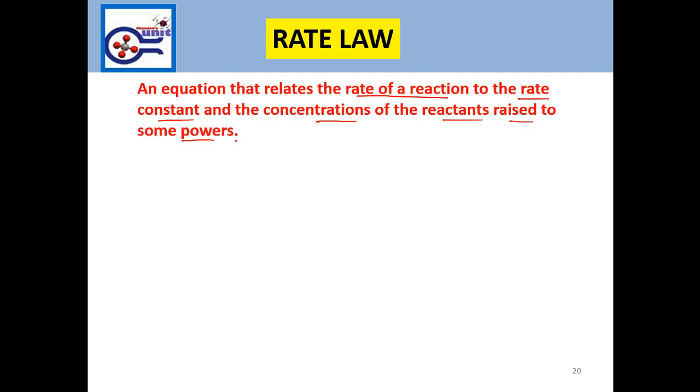So rate law again, rate of reaction sama dengan, dia akan ada rate constant dan dia hanya melibatkan concentration of reactant sahaja. Dan concentration of reactant dia tu nanti akan ada power lah, kuasa berapa. Kita akan tengok macam mana nanti ditentukan.